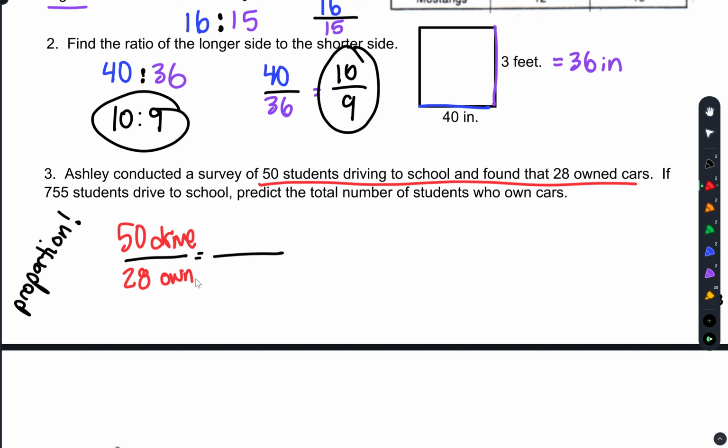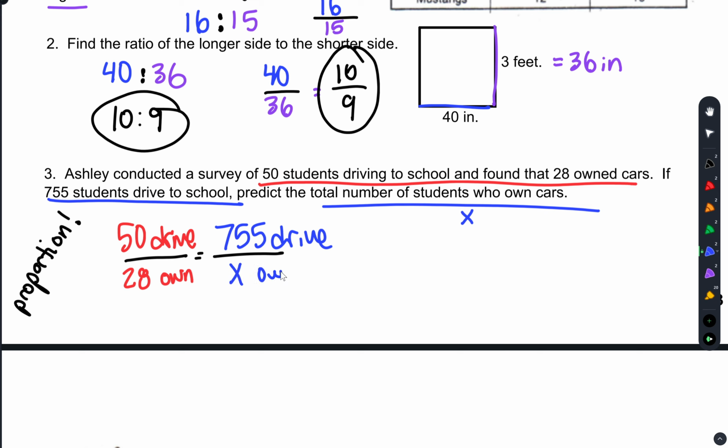Now she's trying to predict out of the entire student body of 755 students who drive to school, how many total students own cars. So this is my X value here, how many students own cars. And I'm going to line those pieces up. So there's 755 students who drive to school. That has to line up with the 50 students who drive to school that she surveyed. The X amount of students who own cars has to line up with the 28 students who own cars in her survey. That is the most important part of the proportions.